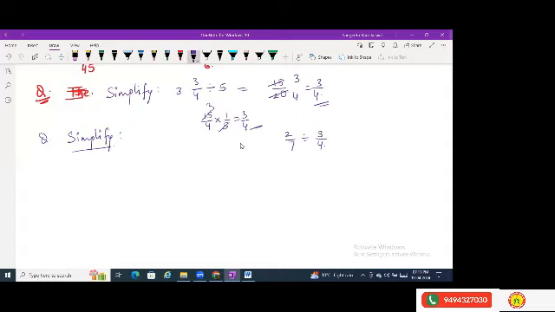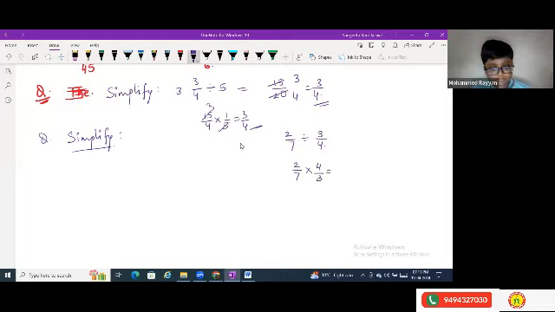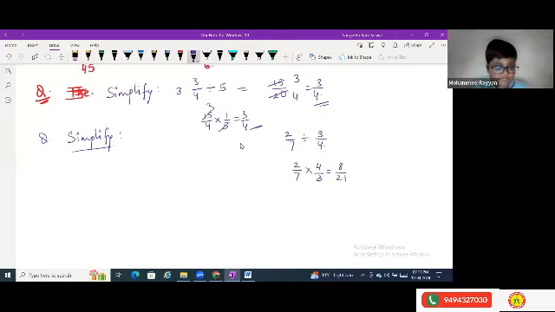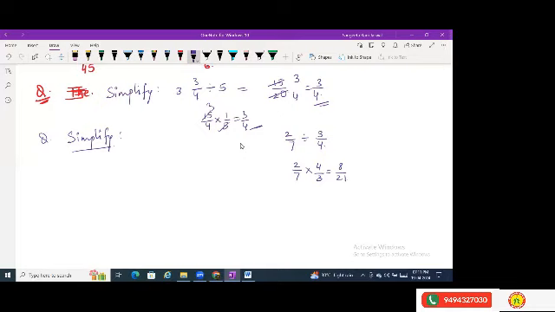Absolutely right. So you keep the first term as it is, change the divide sign to multiply, and take the reciprocal of the second number. So that becomes 4 by 3. And then you multiply as usual. 4 twos are 8, 7 threes are 21. Okay. Yes, ma'am.